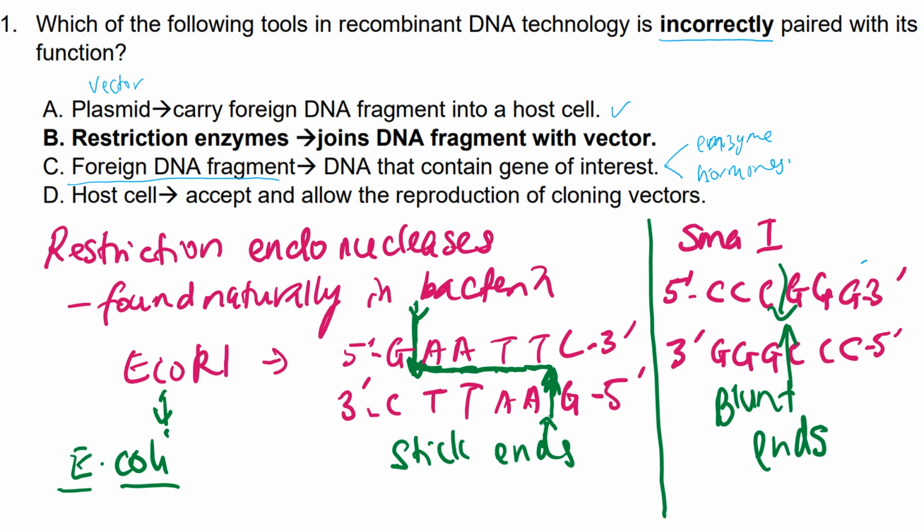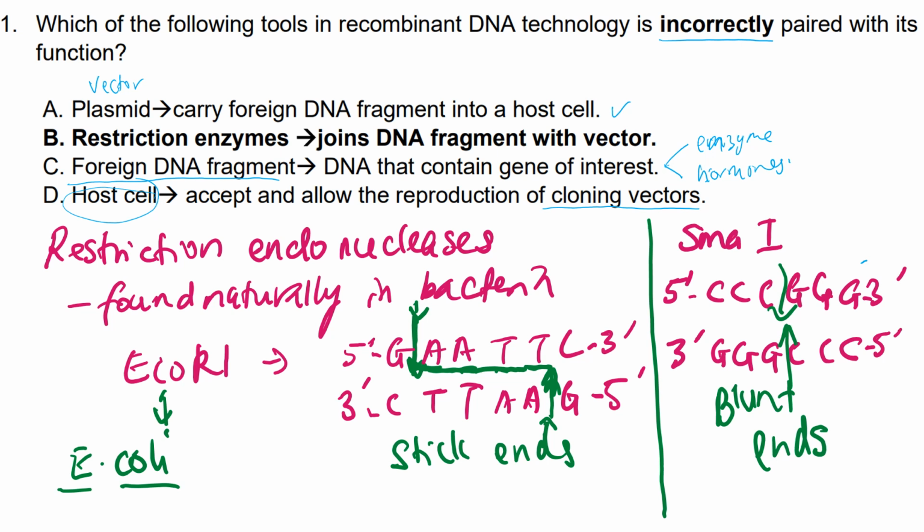And then statement D, host cell accepts and allows the reproduction of cloning vectors. So earlier we looked at vectors, which are plasmids that we initially isolate from a bacterial cell. After you have inserted the foreign DNA into the plasmid, it becomes recombinant DNA, and then this recombinant plasmid you have to insert into a host cell.